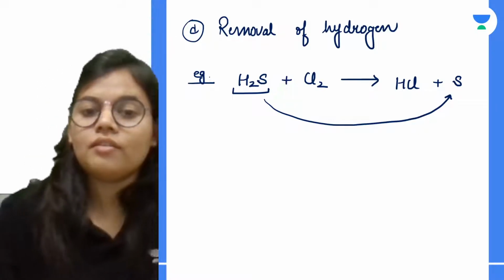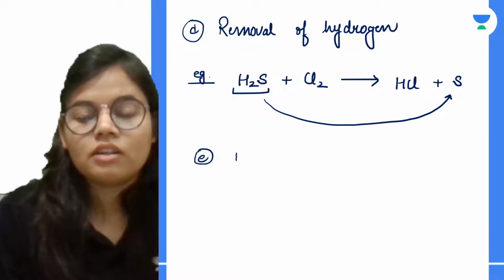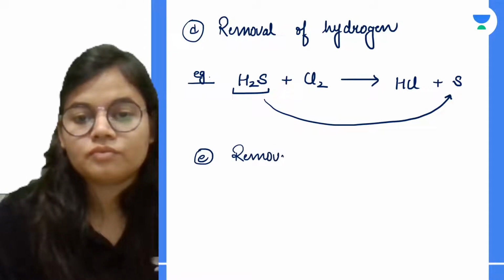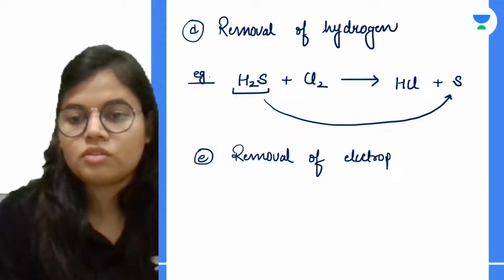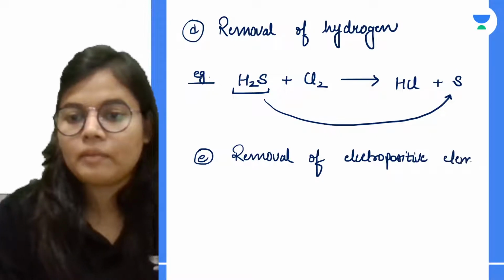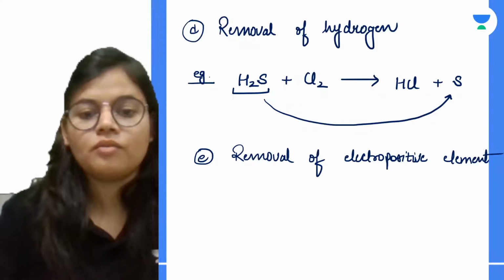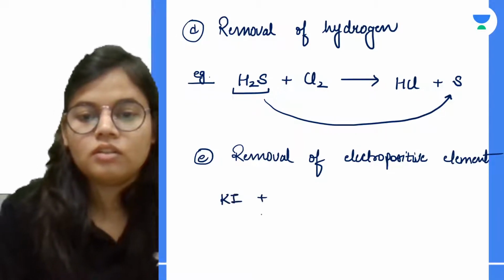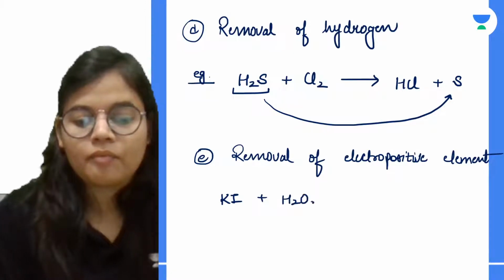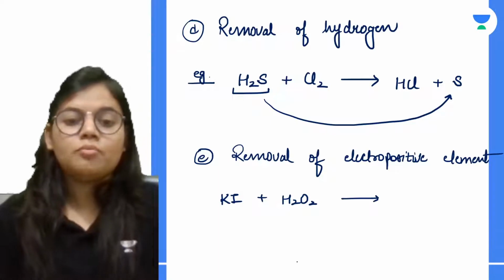We can also have another category, which is removal of an electropositive element. Let's suppose we have potassium iodide and hydrogen peroxide.